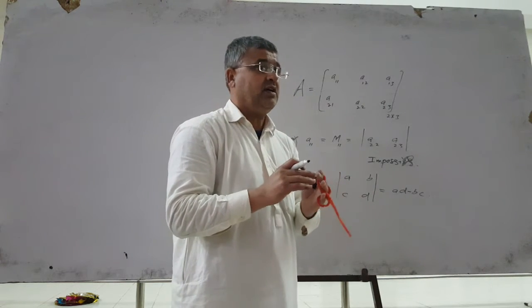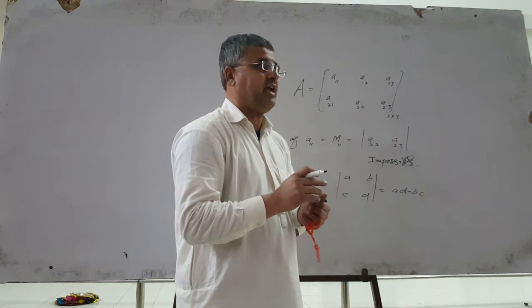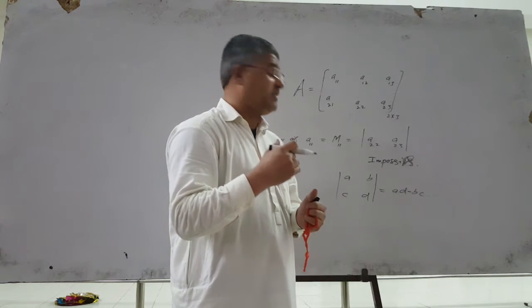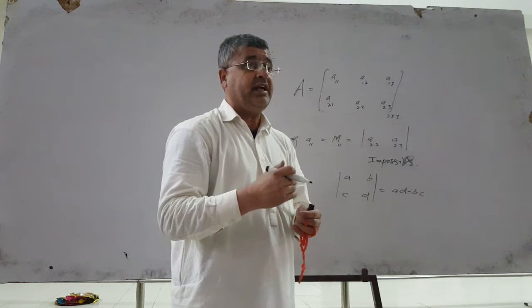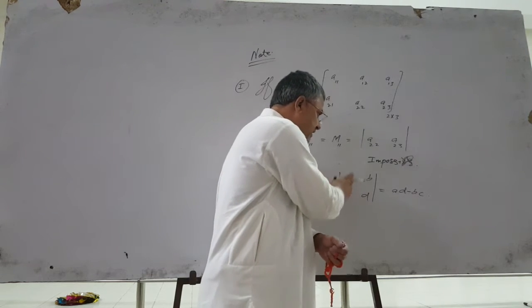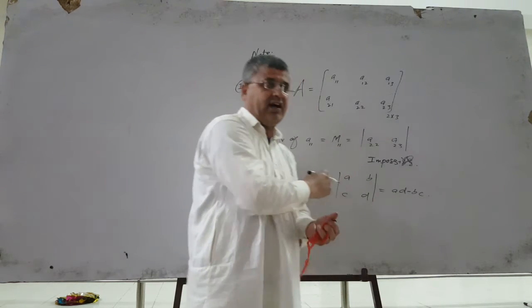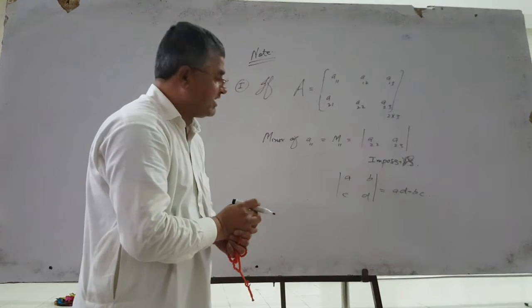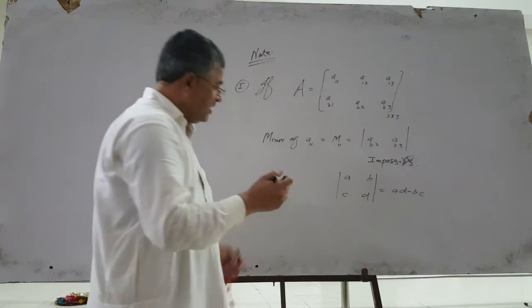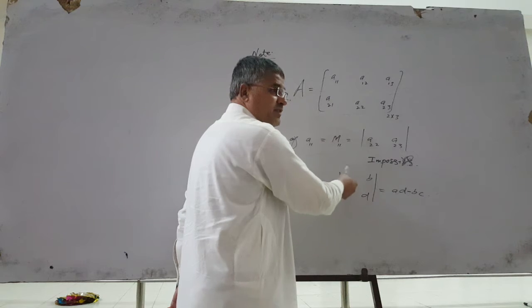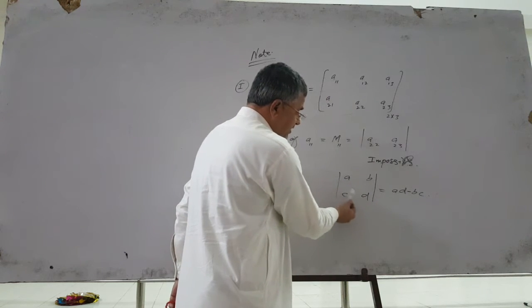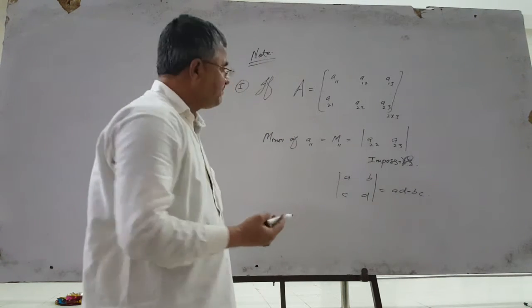In the first row there are two elements A and B, and in the second row there are two elements C and D, and in the first column there are the elements A and C, and in the second column there are the elements B and D. Therefore, we can calculate the value of this determinant by applying this formula.